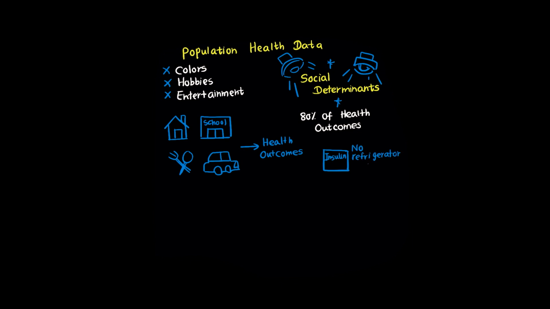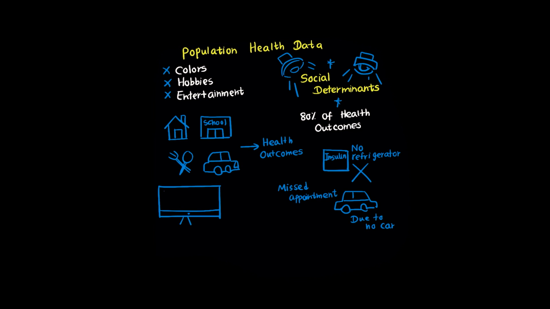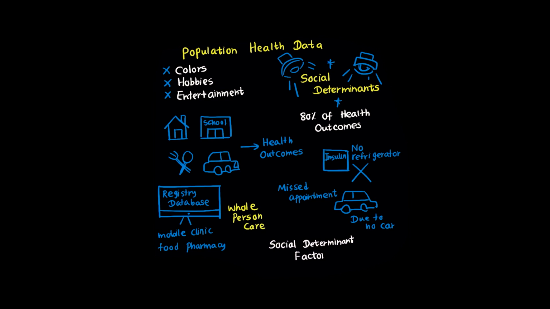A diabetic patient without refrigeration can't store insulin. Someone without transportation misses appointments. Food insecurity leads to poor nutrition. By capturing social determinants in our registries, we identify the real barriers to health. This guides targeted interventions, like mobile clinics for transportation issues or food pharmacy programs for nutrition. It's about treating the whole person, not just the disease.